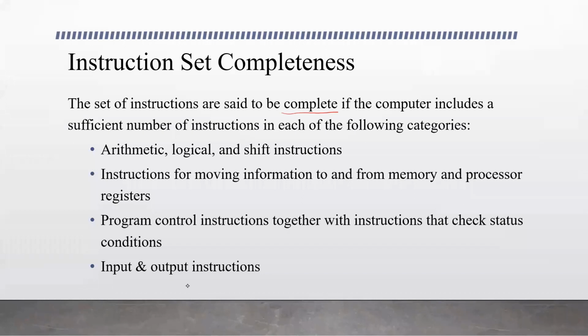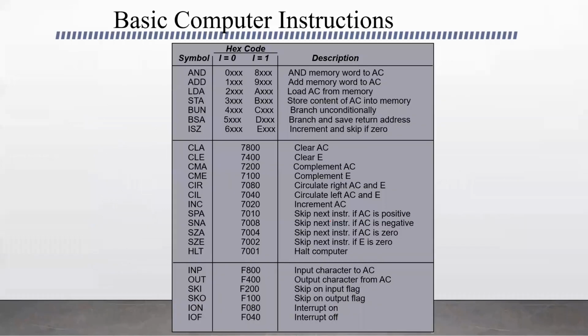So when the computer includes instructions from all these categories, we say that the instructions available in a computer are complete. Now let's see the table that shows the limited instructions available in a basic computer, in a simple configuration.